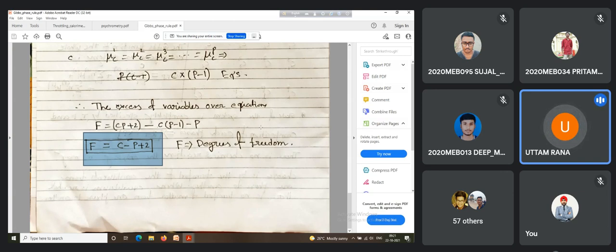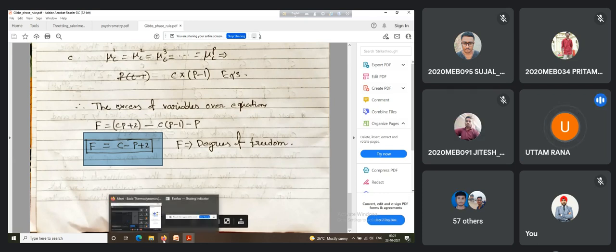If you have understood this, then tell me, in a mixture of water vapor and air, how many components are there? Sir, 2. Tell me, 2 components. How many phases are there?